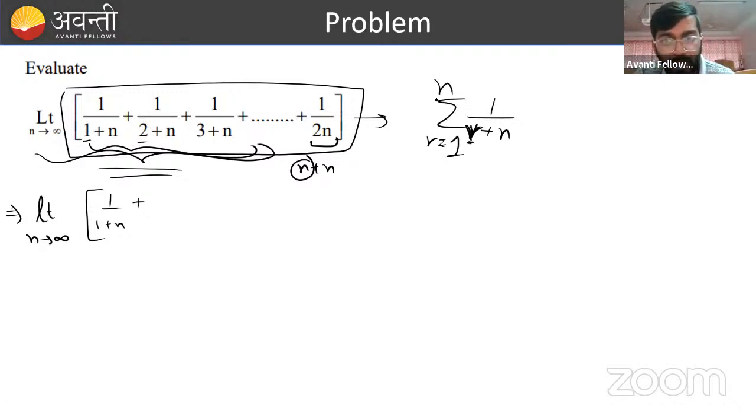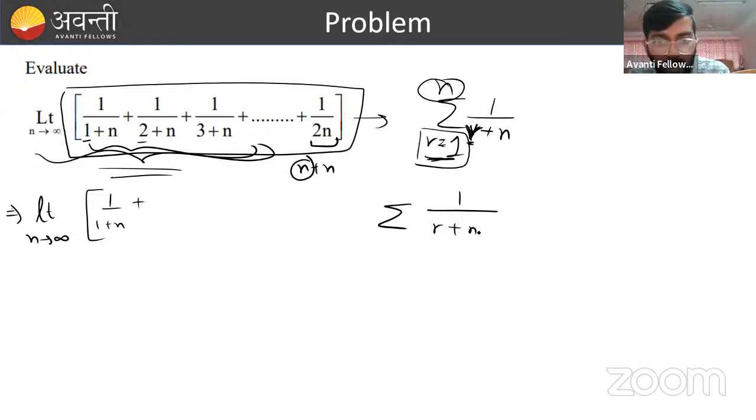For the summation, these are the limits. So r we have to choose such that it changes, and then we apply these conditions, r equals 1 to n, by checking how the series has been given. So our series is ready: 1 upon r plus n, r equals 1 to n.